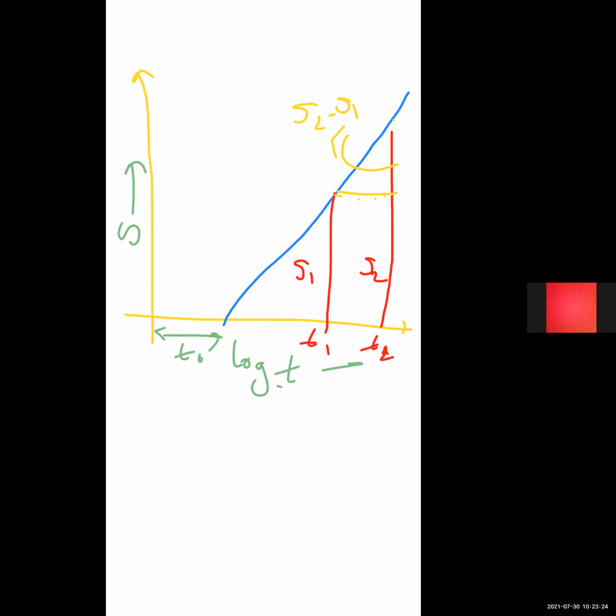Also we know the formula for s equals Q by 4 pi T, given here.